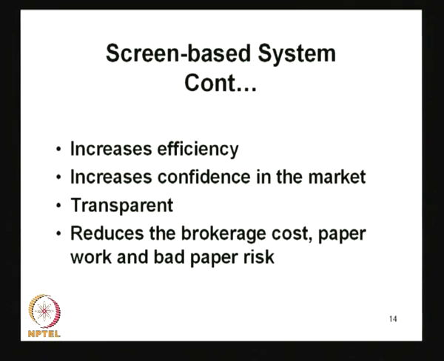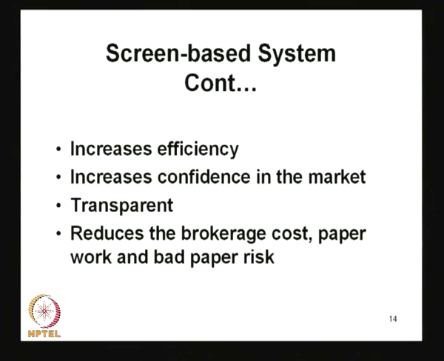So, that is why it increases the efficiency, because we can get all the information from that trading computer based system itself, and once we have the information, we can take our positions in the various places to maximize our return. So, the screen based system basically increases the efficiency in the market.